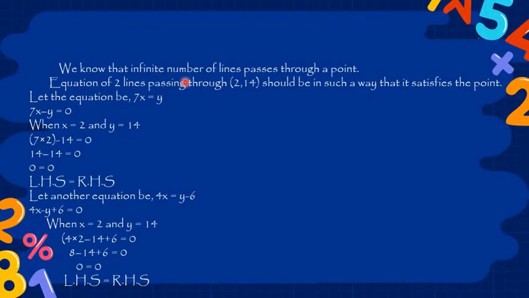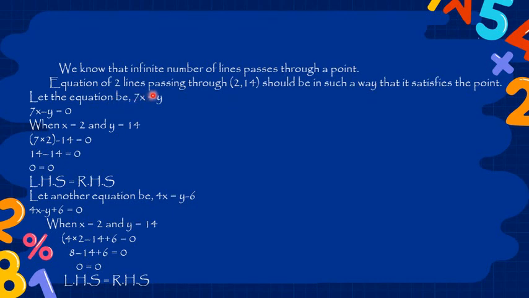We know that an infinite number of lines pass through a point. You have been studying this from 4th, 5th, 6th. From a point we can pass infinite lines. Okay, friends.